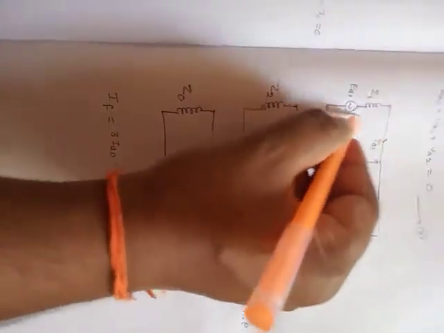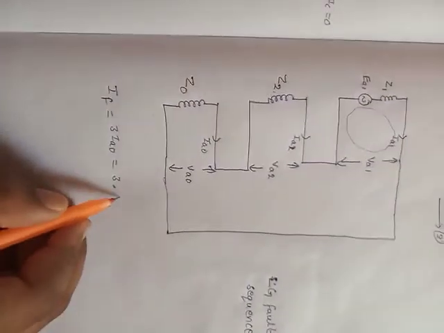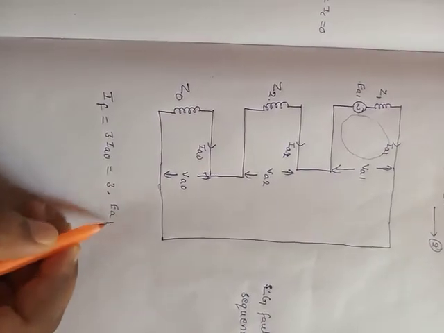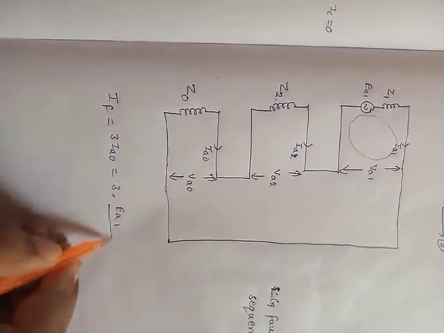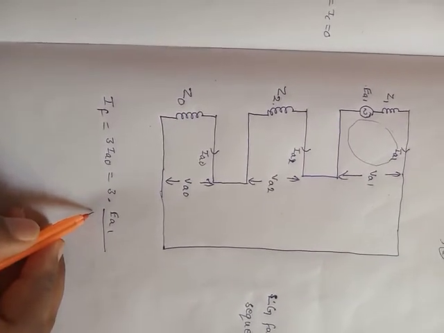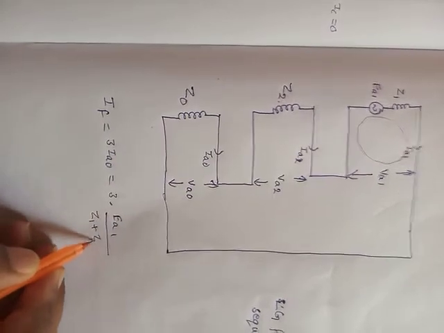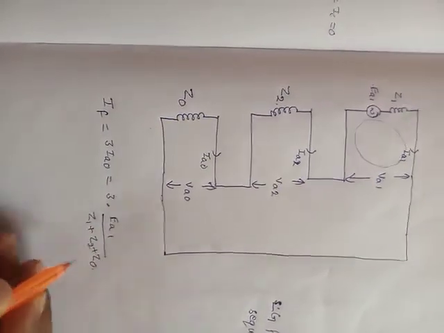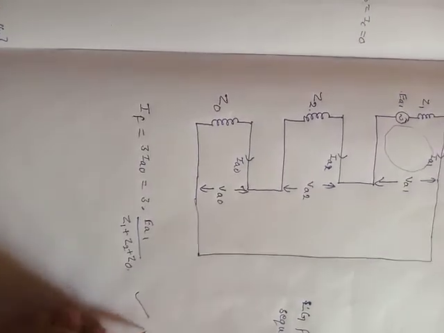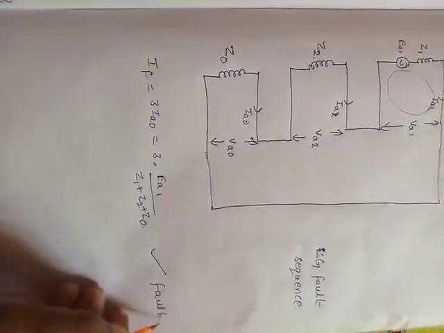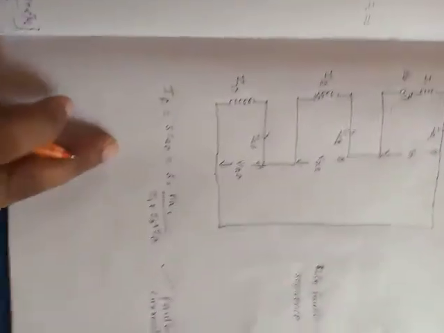So from this network we can write Ia0 as Ea1, the voltage source, divided by the sum of the impedances Z1 plus Z2 plus Z0. Similarly, this is the fault current for single line to ground fault.